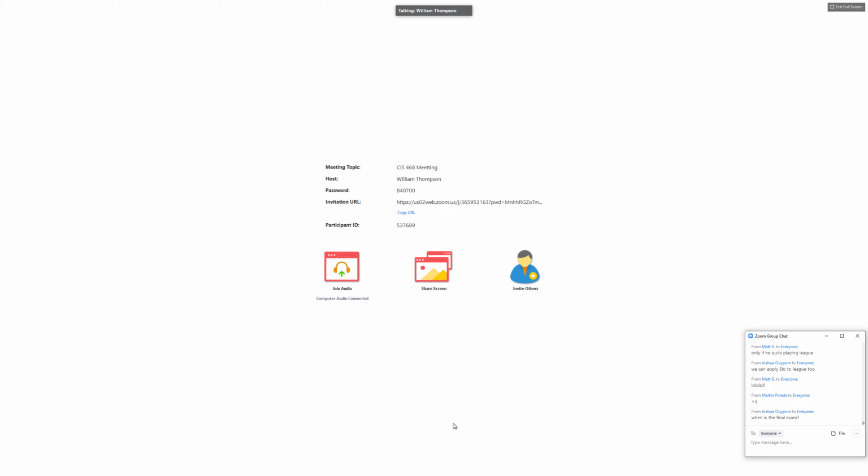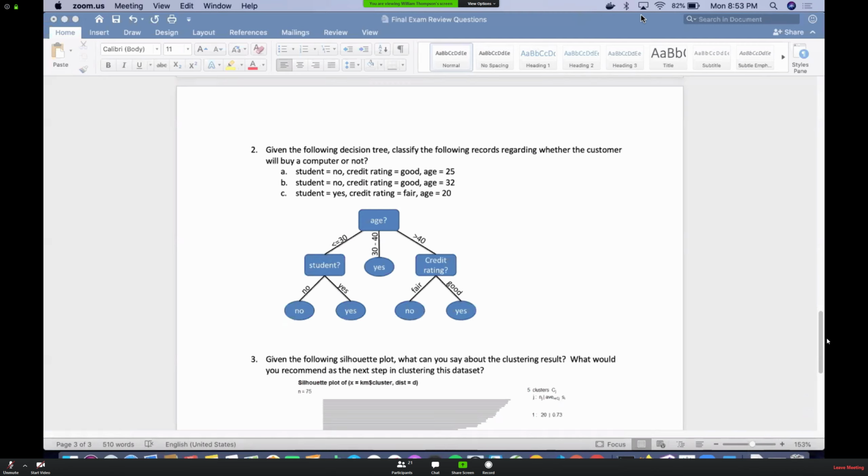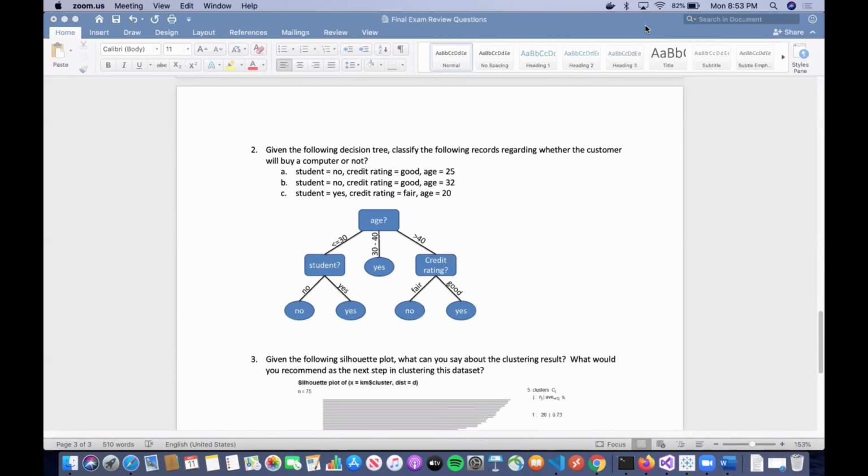However, I have a 3-page document that we can go through in class together, just to give you an idea how the exam will be.